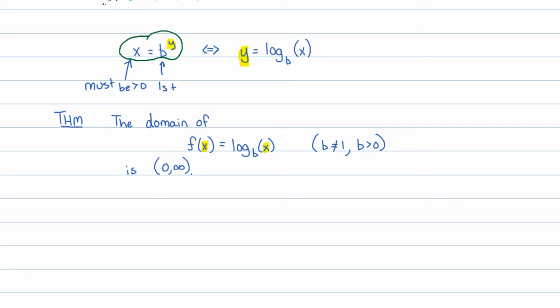Let's suppose that the base is 5. So we're talking x equals 5 to the y, which is equivalent to saying y is equal to log base 5 of x. They're equivalent statements.